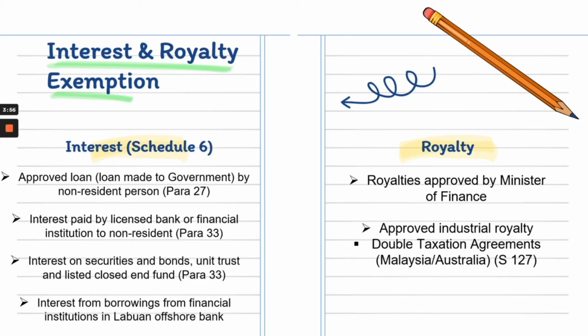Also, the interest from borrowing from a financial institution in Labuan Offshore Bank. You can read more on this on page 428 of the Malaysian Taxation Textbook. For the royalty, exemption will be given for royalties that are approved by the Minister of Finance under Section 127. Also, in most double taxation agreements, such as Malaysia and Australia, approved industrial royalties shall also be exempted from tax.